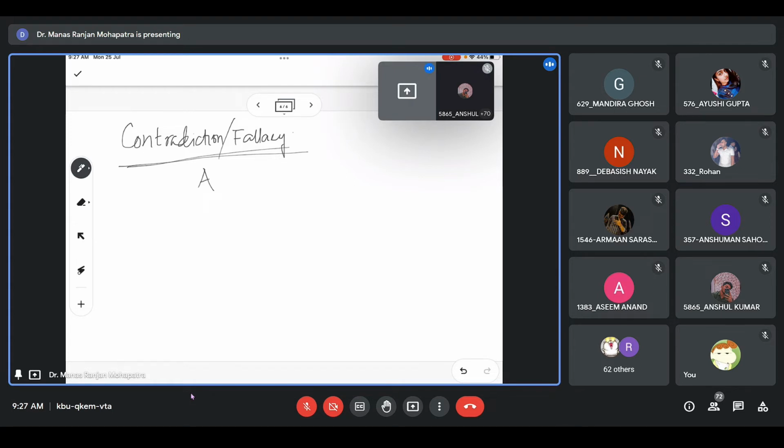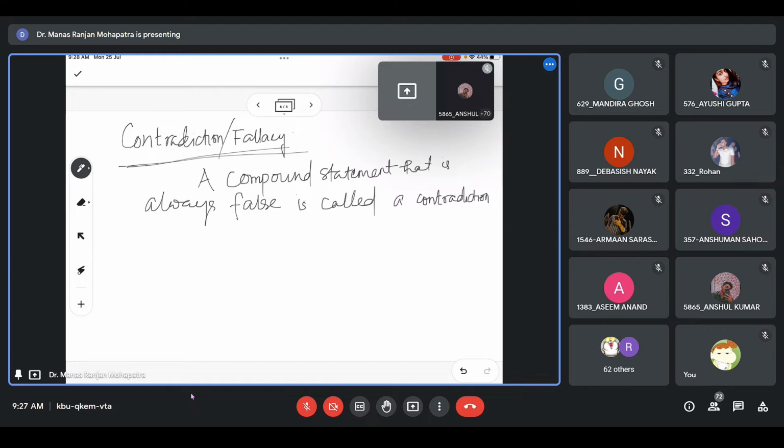A compound statement that is always false, irrespective of the truth values of the atomic statements, is called a contradiction, or a fallacy.